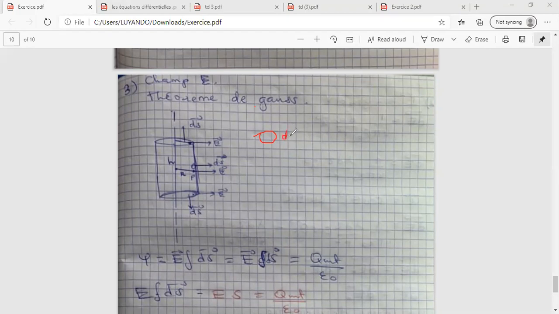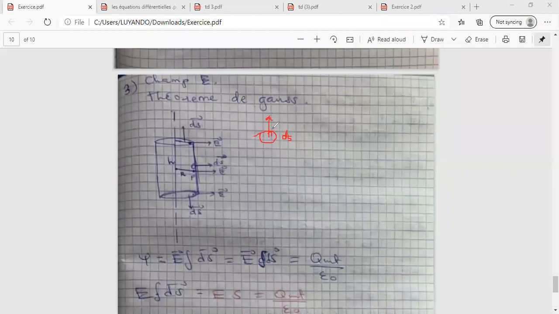I know that the vector representing ds, the vector representing this small surface area that I have here, is always going to be perpendicular to the surface. So the vector for ds is going to be perpendicular to the surface, which is going to be this direction.